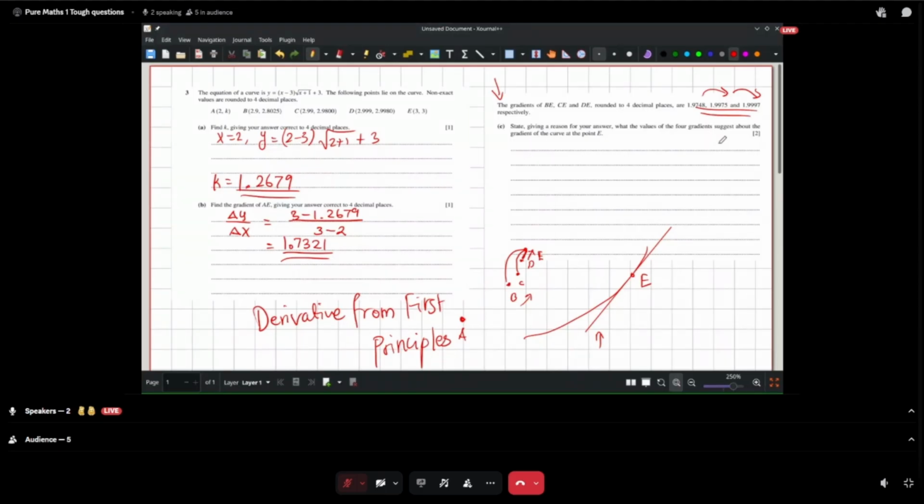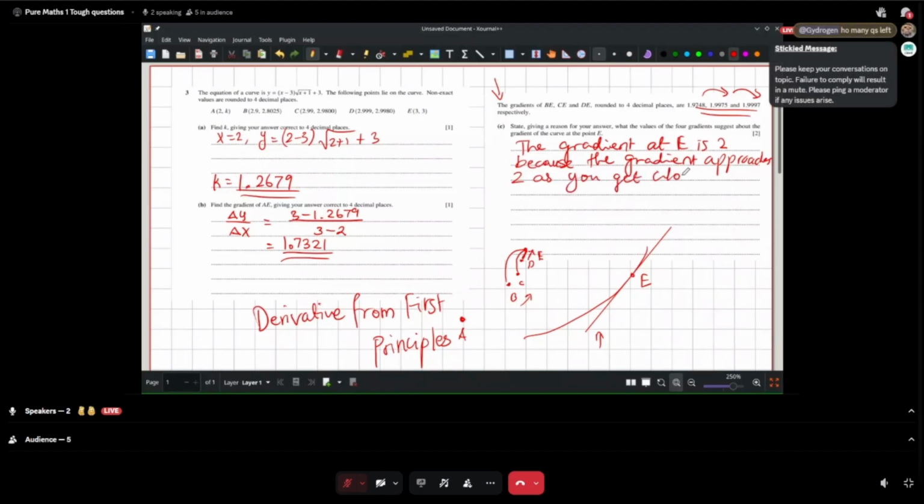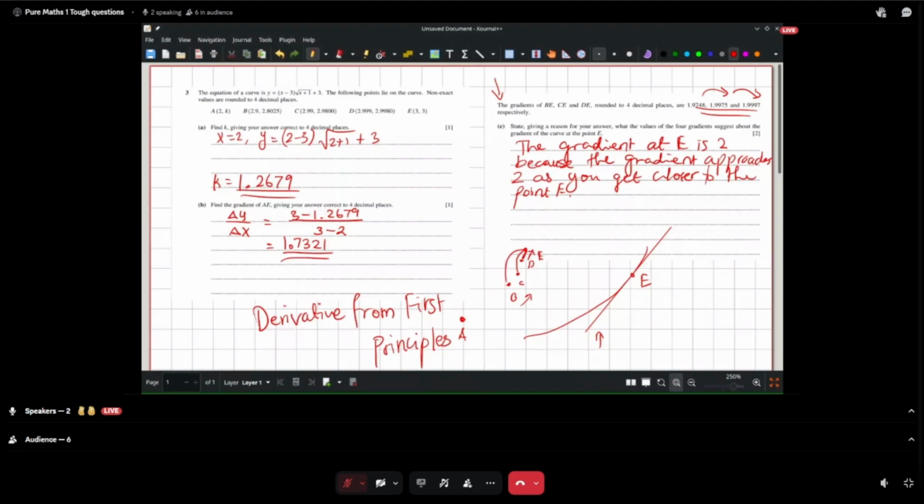So the four gradients suggest that the gradient at E is 2 because the gradient approaches 2 as you get closer to the point E. Okay, yeah, that's it.